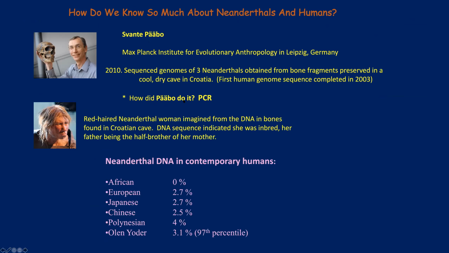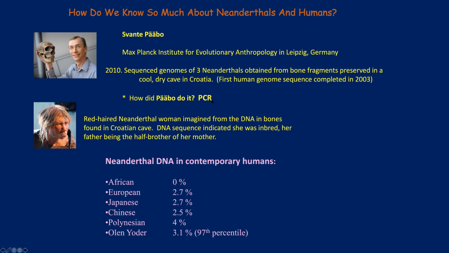How did Pääbo do it? PCR. He went into this cool, dry cave, got some Neanderthal bones, not intact, but still had fragments of DNA left in them.